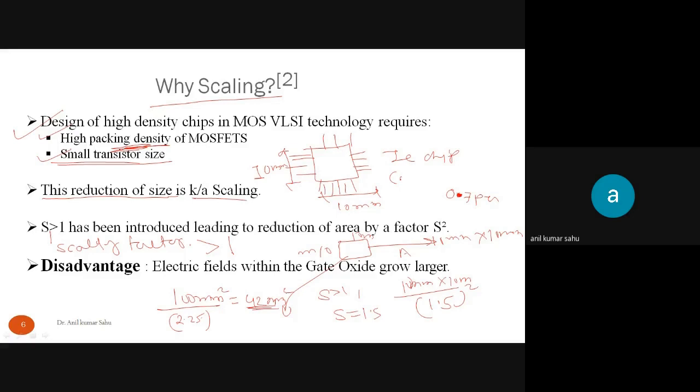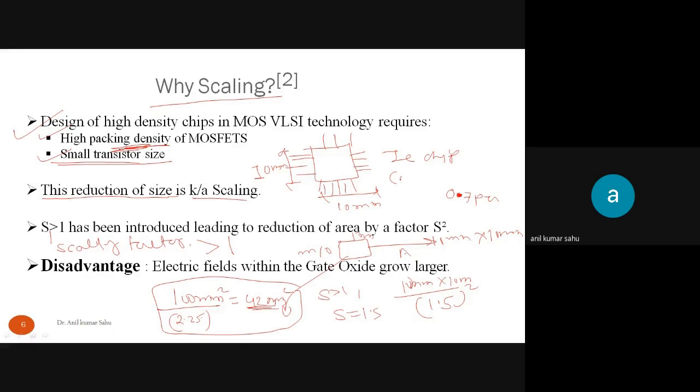The chip size is reduced after the scaling. This is the significance of this term. Whenever the scaling factor is greater than 1, the area of the chip after scaling is reduced by the factor of S squared. So this is the scaling.